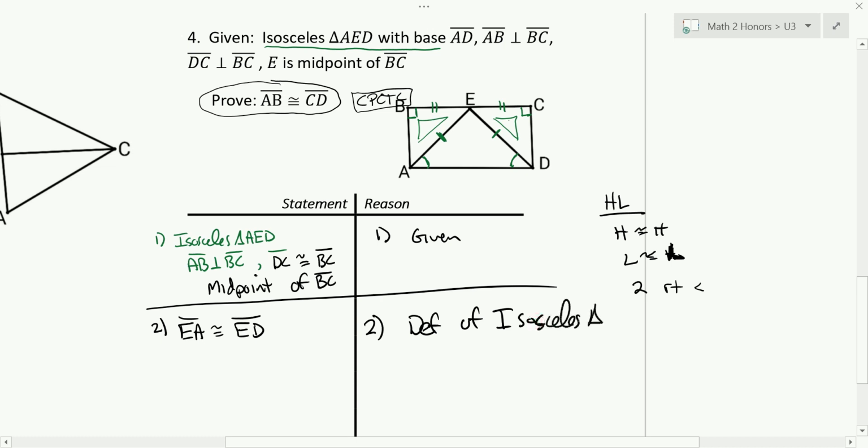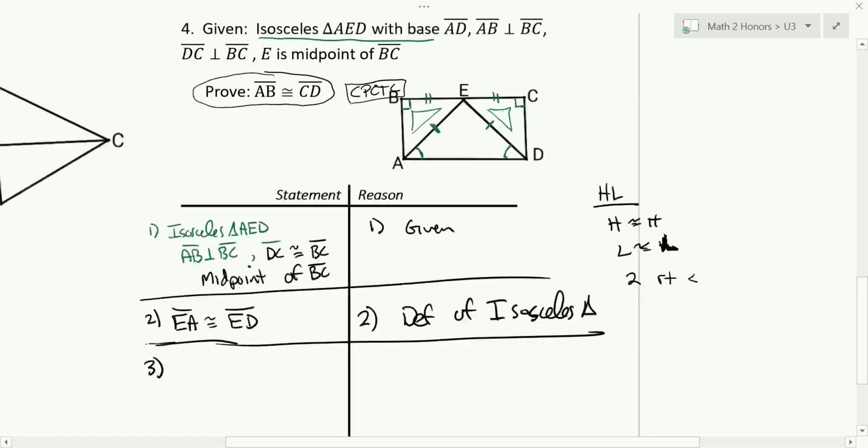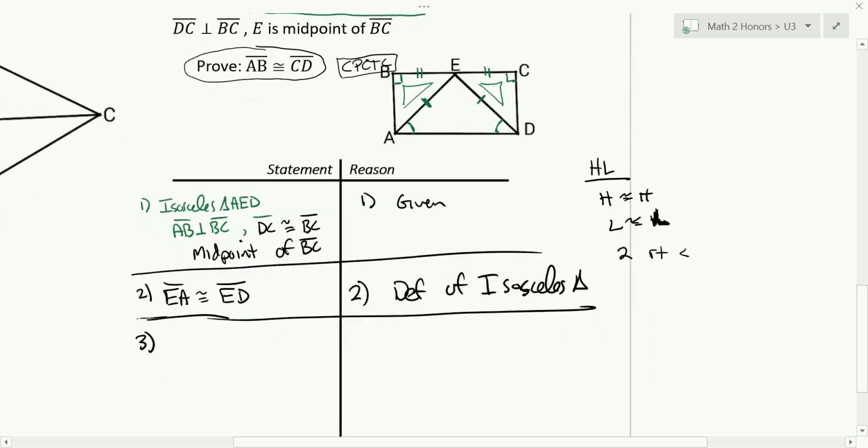triangle. Good. All right, number 3, we're working towards proving the triangles congruent, but we need some more pieces in order to do that. Rowena, can you give me another piece? Good.